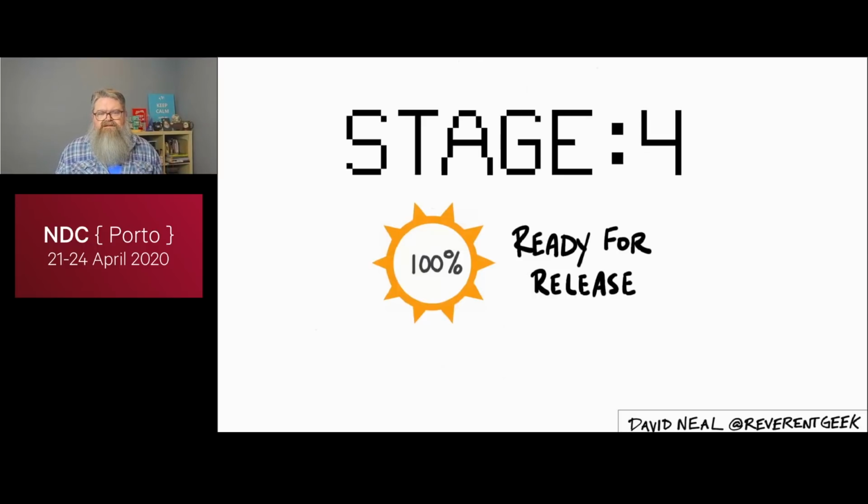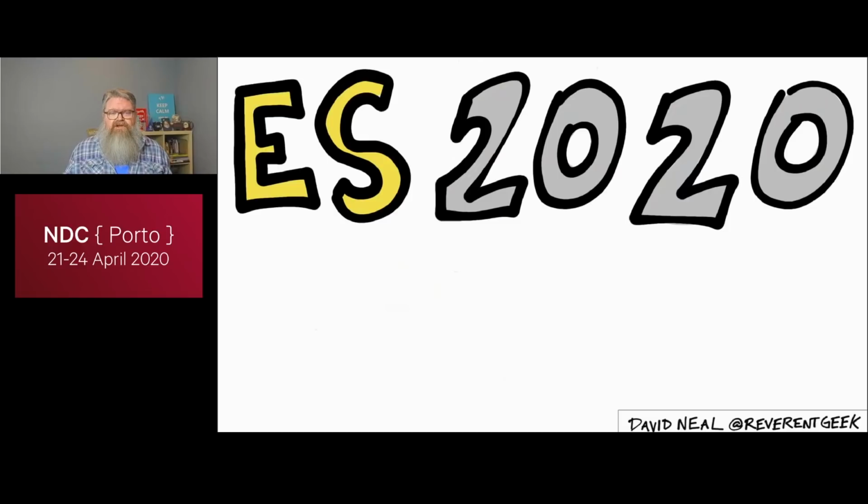Now, the cadence that the TC39 has been on since 2015 is that the stage 4 candidates or selections are made in January of that year, and the new edition of the ECMA 262 document is released in June. And that means that we will soon have ES 2020.